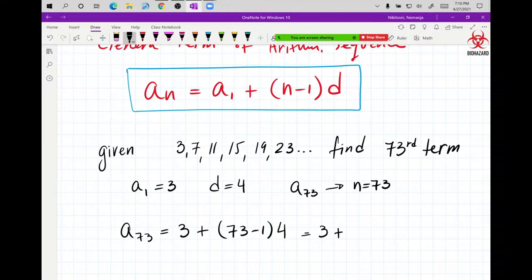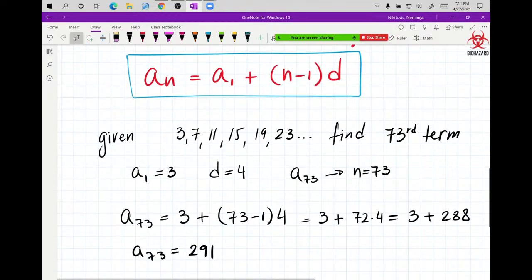That's 3 plus 72 times 4, which is 288. So a_73 is going to be 291. That's the value of the 73rd term.